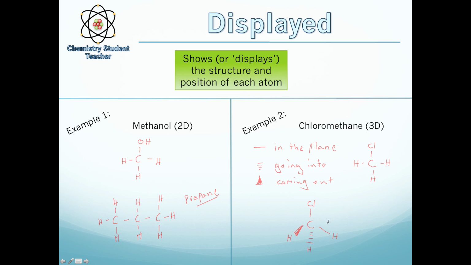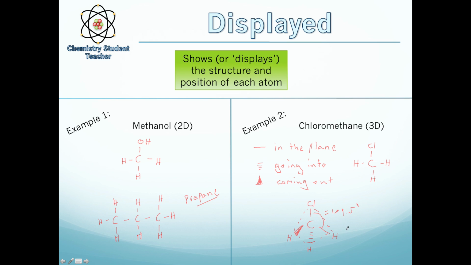And why is it like that? Why is it a tetrahedral shape? As you can see, this would form a tetrahedral if you're looking in 3 dimensions, and that's because this angle between 2 bonds is 109.5 degrees. And that's how you get a tetrahedral.